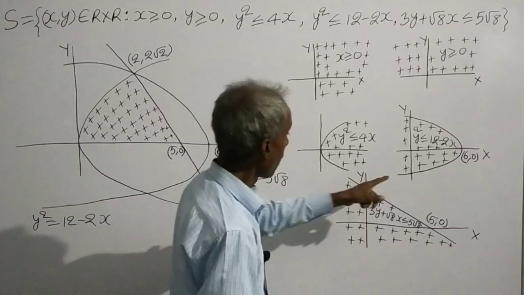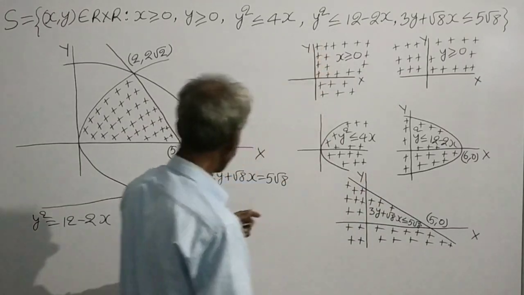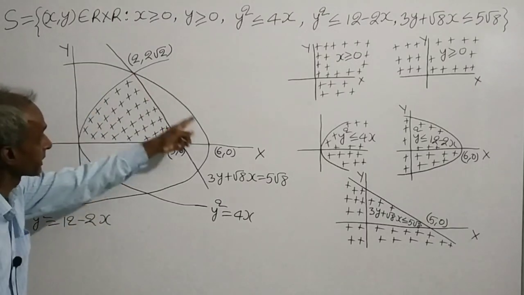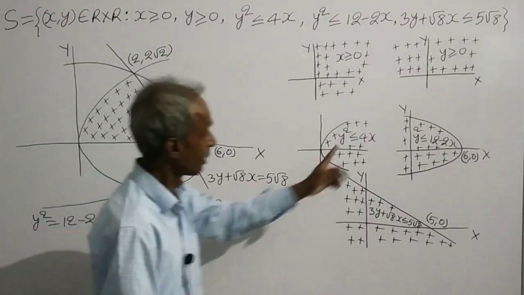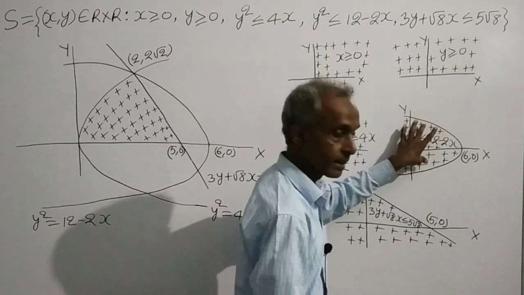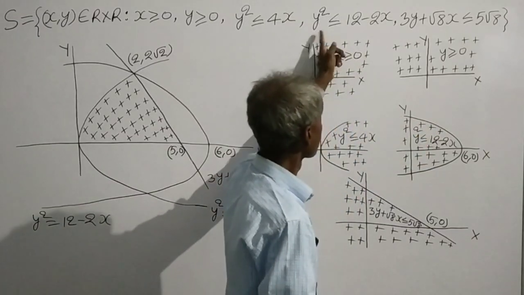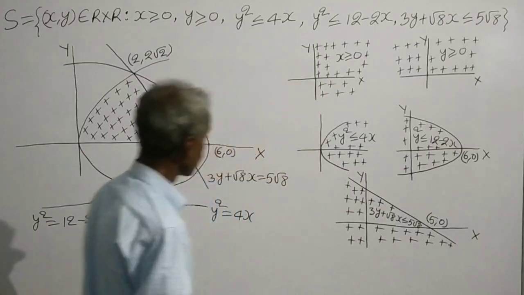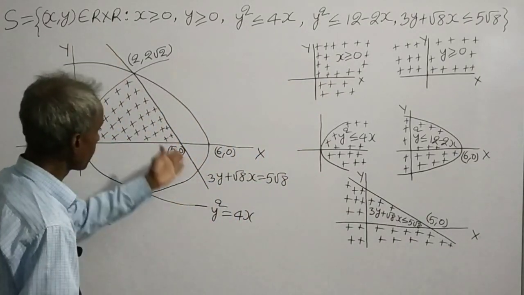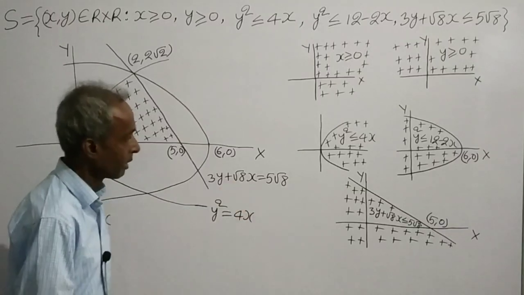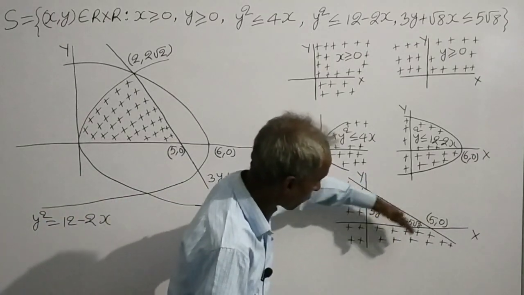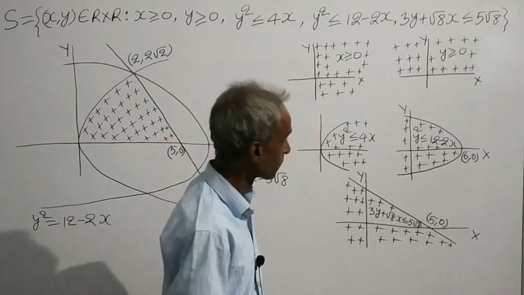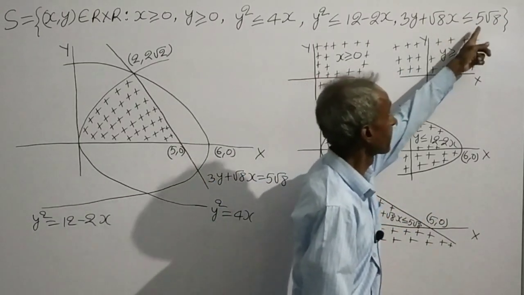Points lying on the parabola y square is equal to 12 minus 2x or inside this parabola satisfy this condition, and points lying on this straight line or below this straight line, on this side of this line, satisfy this condition.